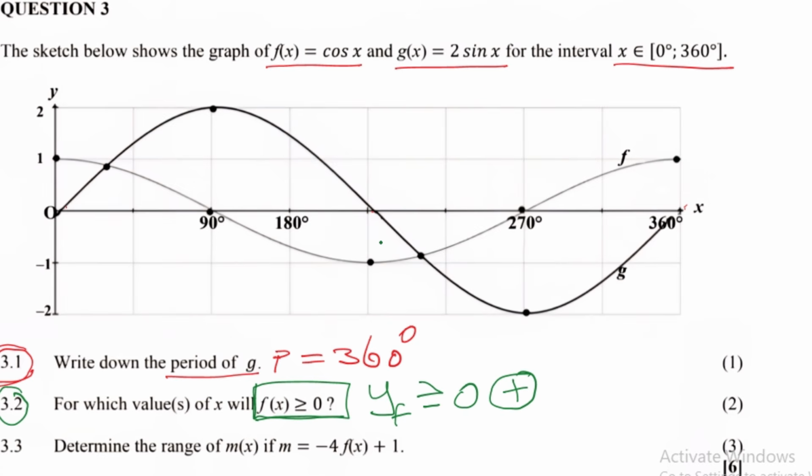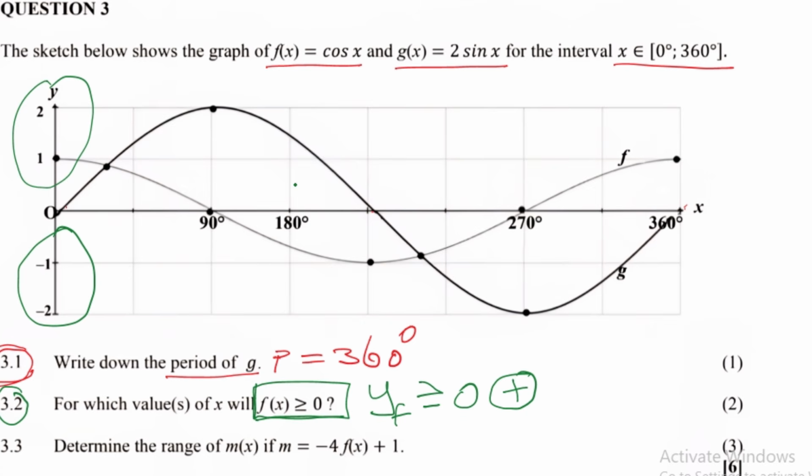So now let us go to the graph and check function f where it is positive on the y values. We have got a Cartesian plane here. You see these values are the negative values, and those values there are the positive values of y.